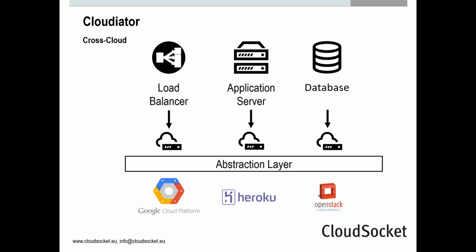Then we have an application server which is deployed on Heroku, a PaaS provider, and we have the database which is deployed on a private OpenStack instance, maybe for some privacy reasons because of the data. And all these different kinds of cloud providers are abstracted by Cloudiator and offered via a unified API.